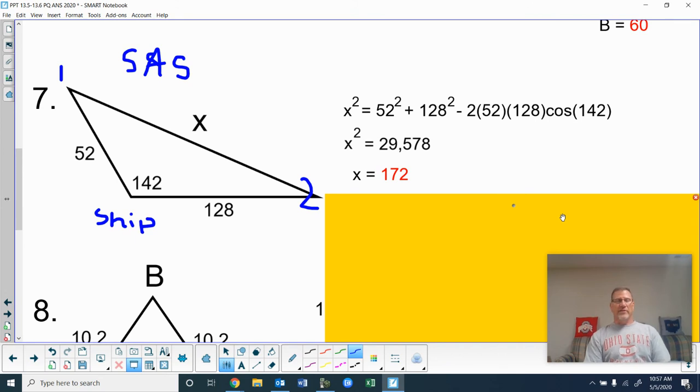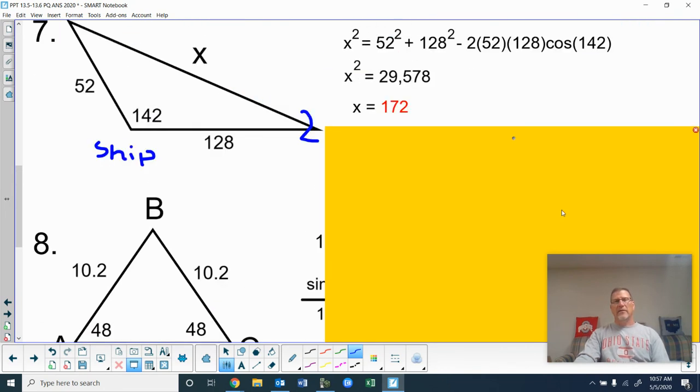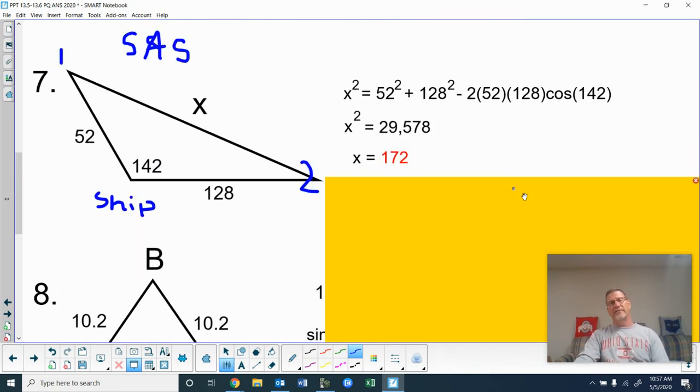And this is the one that you can put in your calculator all at once. And remember, that's what x squared equals. So then take the square root of that 29,578, and that means they're 172 miles apart. Hopefully you got that one. Most of you did from the ones that I've already graded and looked at.